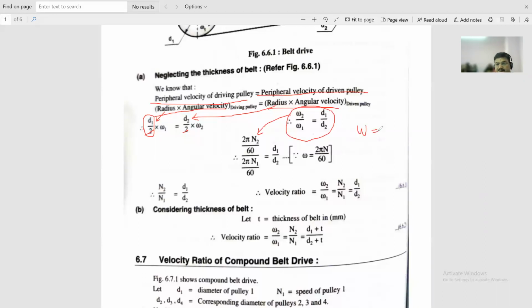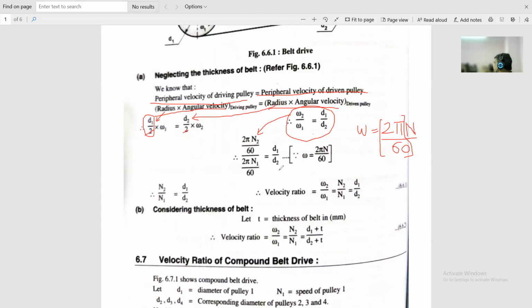But the angular velocity omega is nothing but 2 pi N by 60. So here 2 pi N by 60 is the constant term, and the change is only in N2 and N1. So we write 2 pi N2 by 60 divided by 2 pi N1 by 60 is equal to D1 by D2.